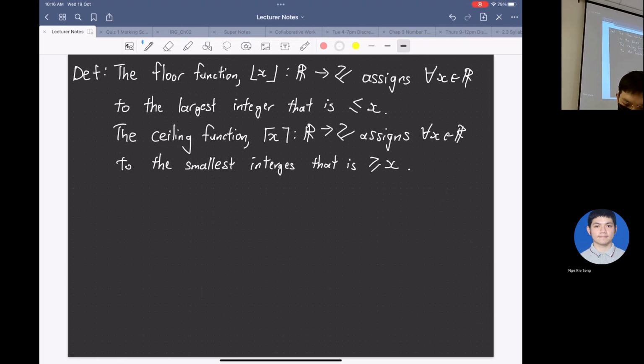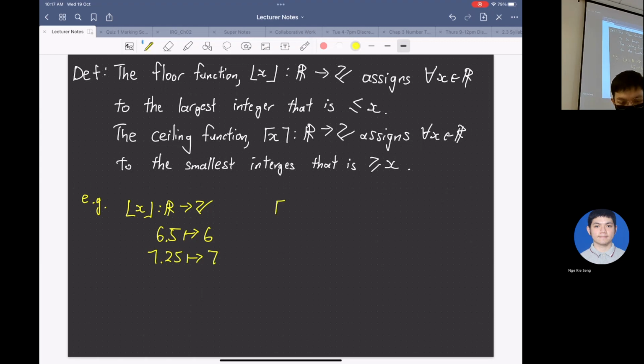So for example, take the floor of 6.5. What do you get? 6. If you take the floor of 7.25, what do you get? 7.